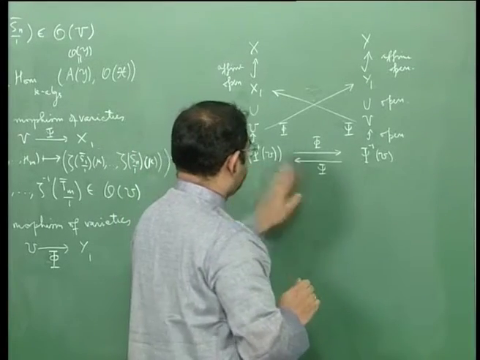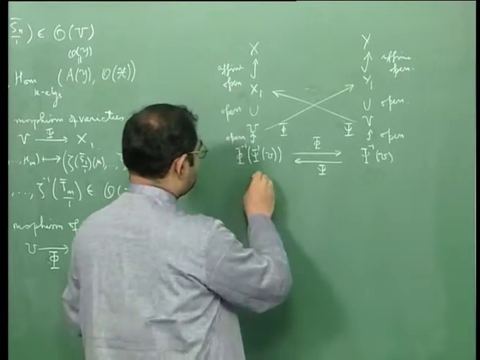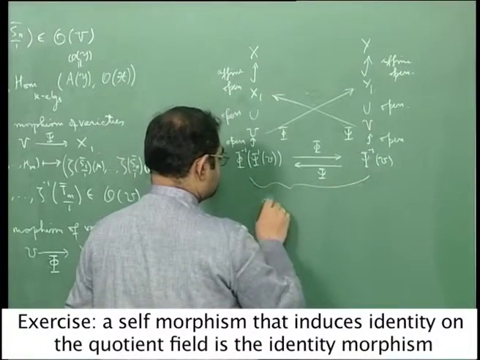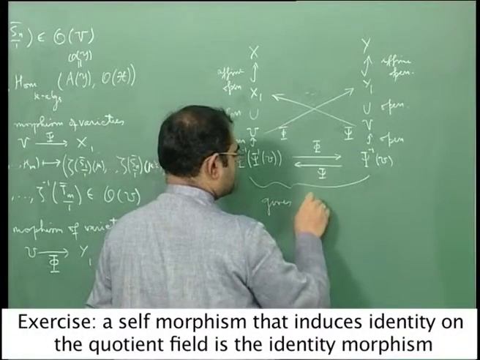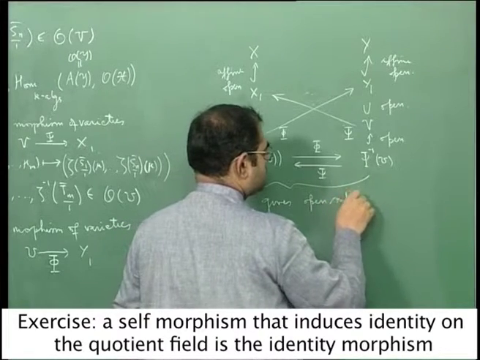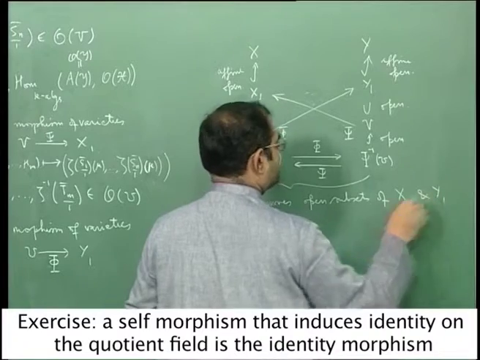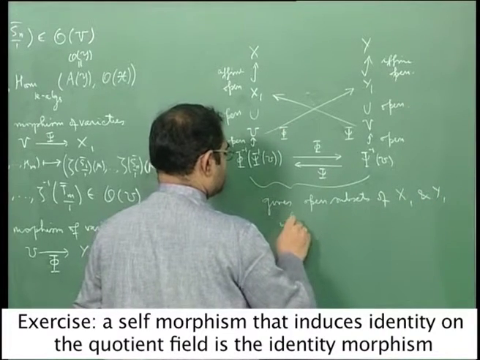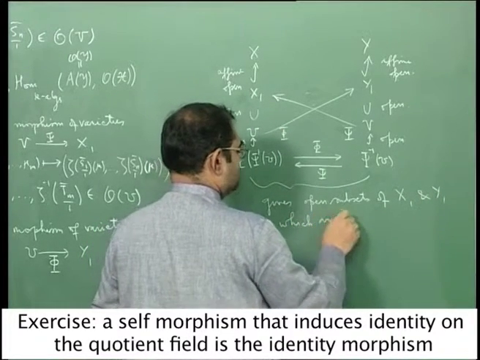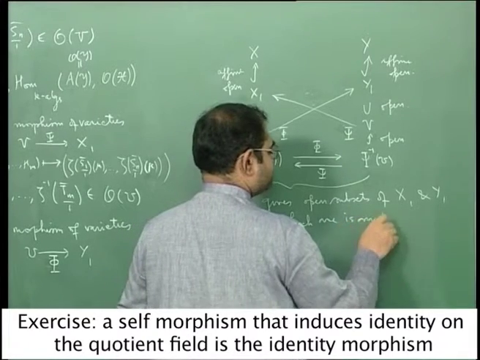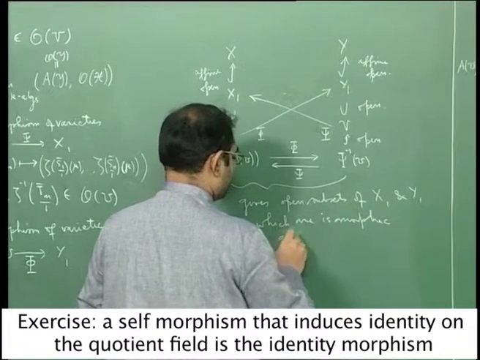So that will tell you that this gives open subsets of x1 and y1 which are isomorphic as varieties.